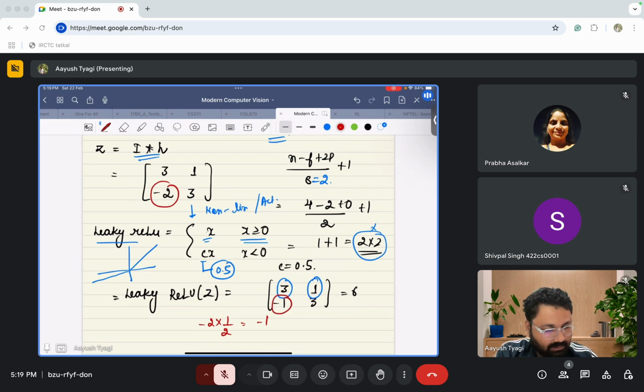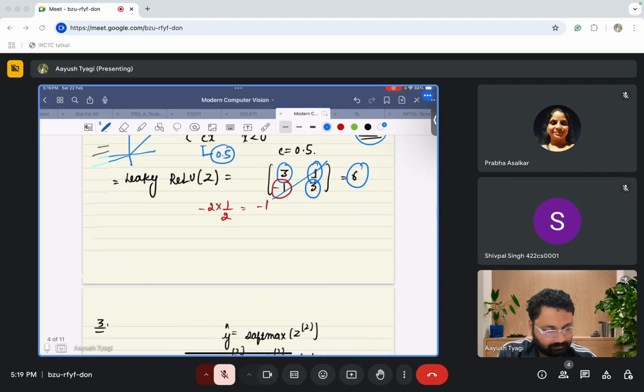So this has become minus 1 and 3 is the same. So you do the addition, this cancels out and the output becomes 6. So the question was actually what is the sum of your output. Makes sense, right?